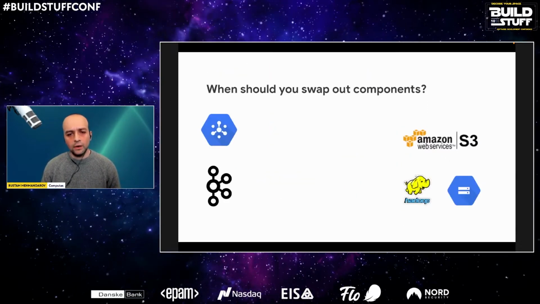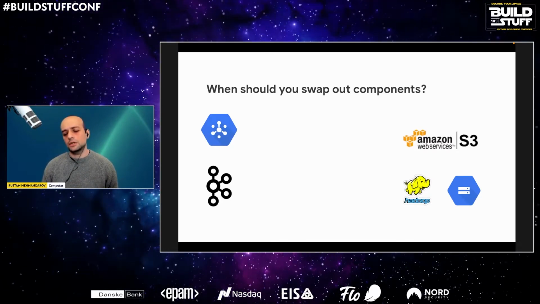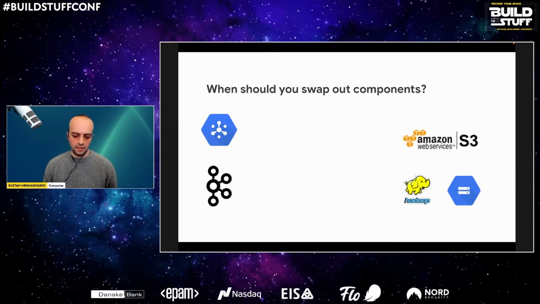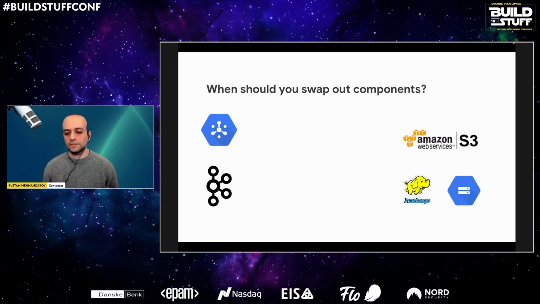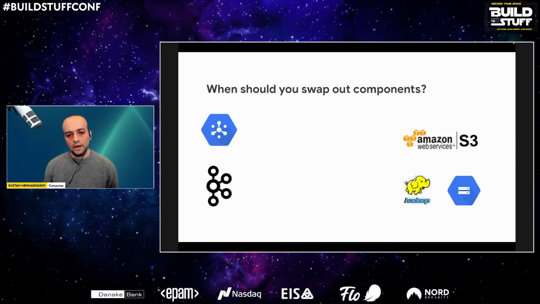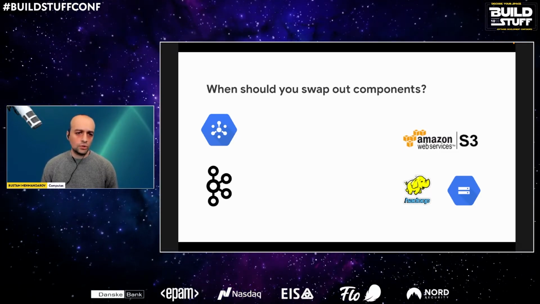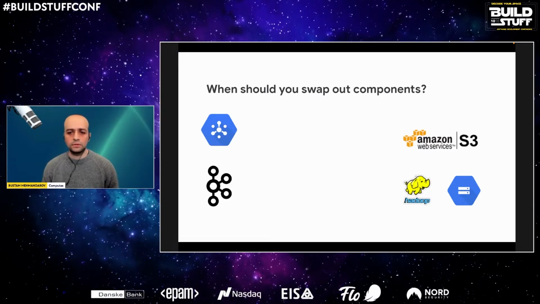And the swapping out part, well, the thing is that you can actually change both where you read the data from and where you write the data to, using different endpoints and components. It can be Kafka, it can be storage, like buckets in Google Cloud or Amazon or anything like that.